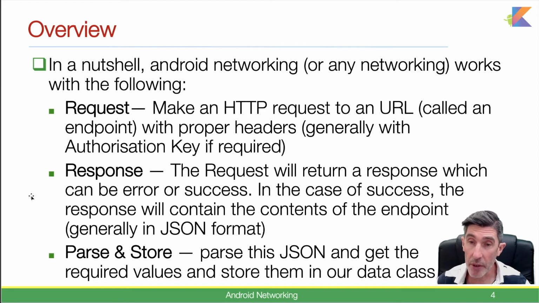In years gone by, XML was the standard approach, but now JSON is seen as the de facto standard for working with APIs and sending data across the web. So what we're going to do is make requests on those endpoints.